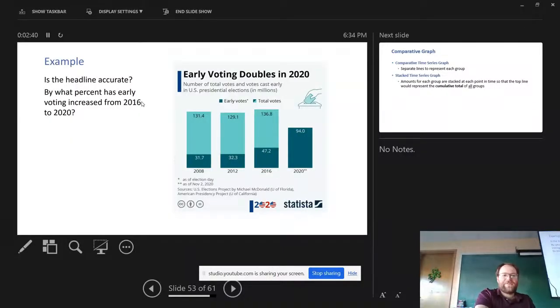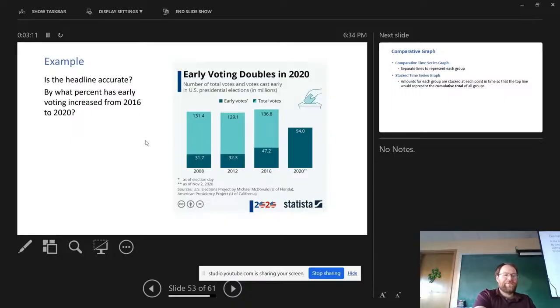We'll say compared to 2016. Yes, but we're missing the number of total votes. Yep, so early voting from 2016 to 2020 doubled. But we don't know how that is in relation to the total votes.